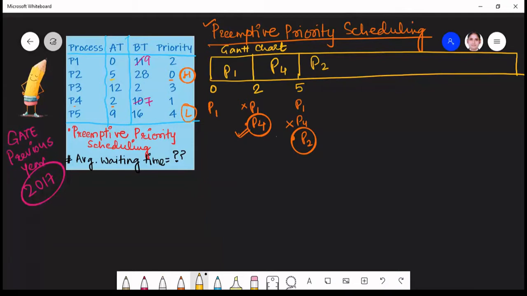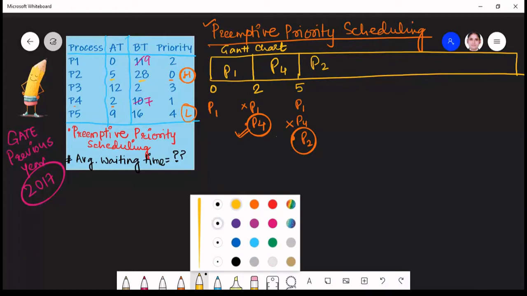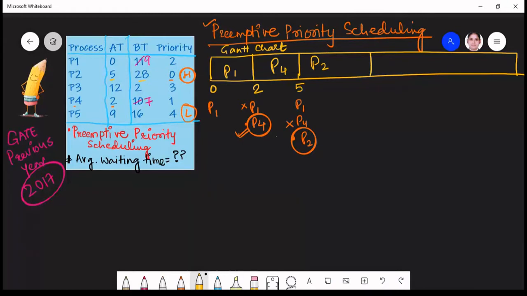The burst time of P2 is 28, so it is going to run for 28 milliseconds because it is the highest priority process. 5 plus 28 is 33. Now P2 has completed its execution.